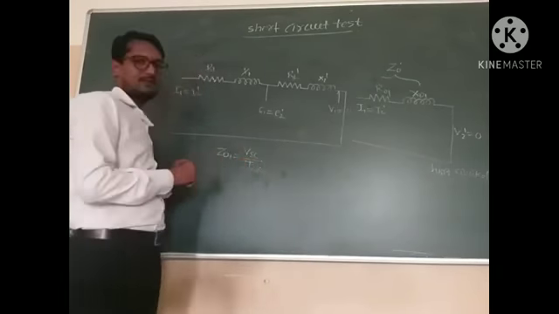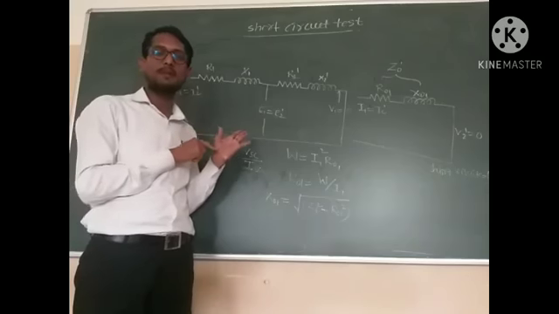While performing this experiment, we have to always note that the supply on the primary side should be 5 to 10% of the rated voltage, and we have to short the LV side of the transformer.